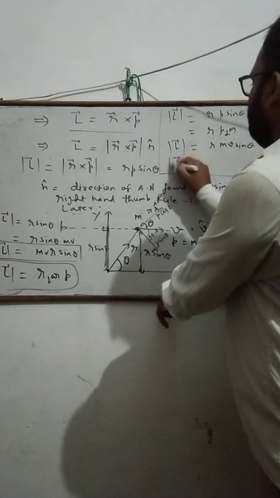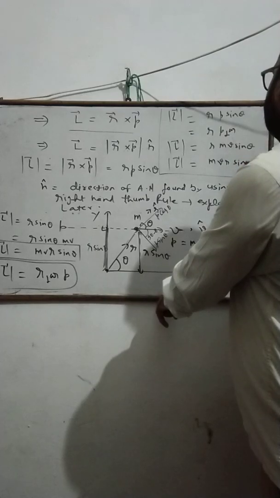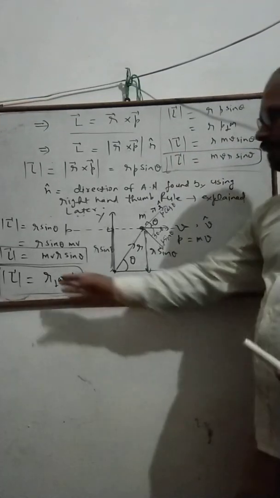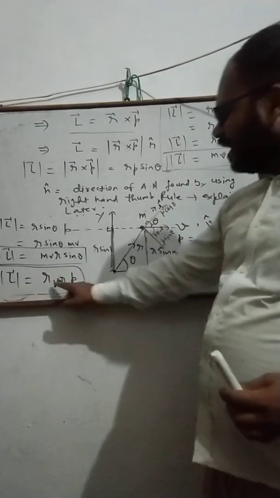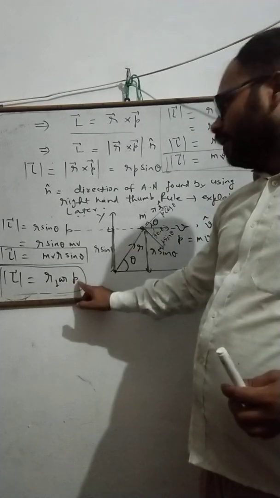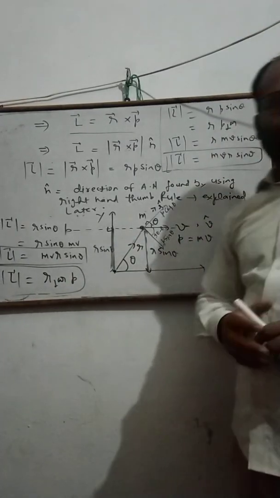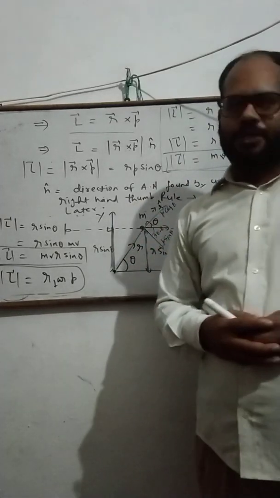So here L equal to mvr sin theta. So you can write the magnitude of angular momentum in two ways, either r perpendicular into p or r into p perpendicular. In both ways you can write the magnitude of angular momentum.